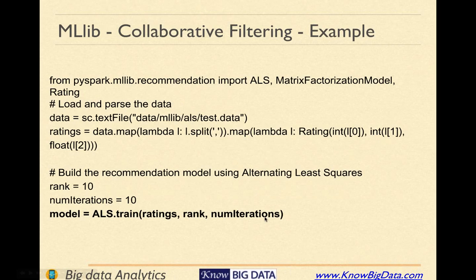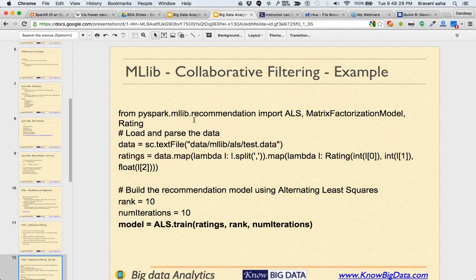Next, here we are trying to use the collaborative filtering example. We can load this particular text file, our test data, using PySpark, and then we split the data. Let's try to do this.